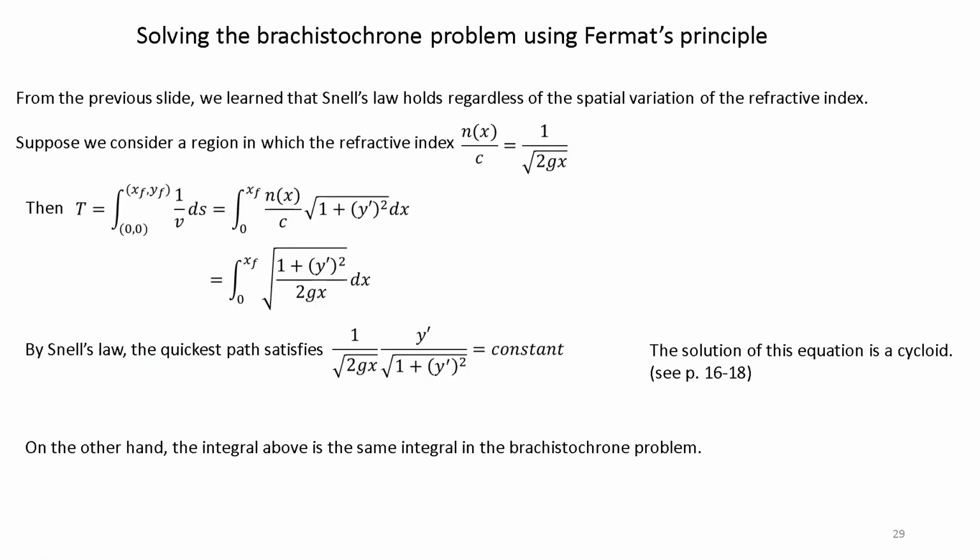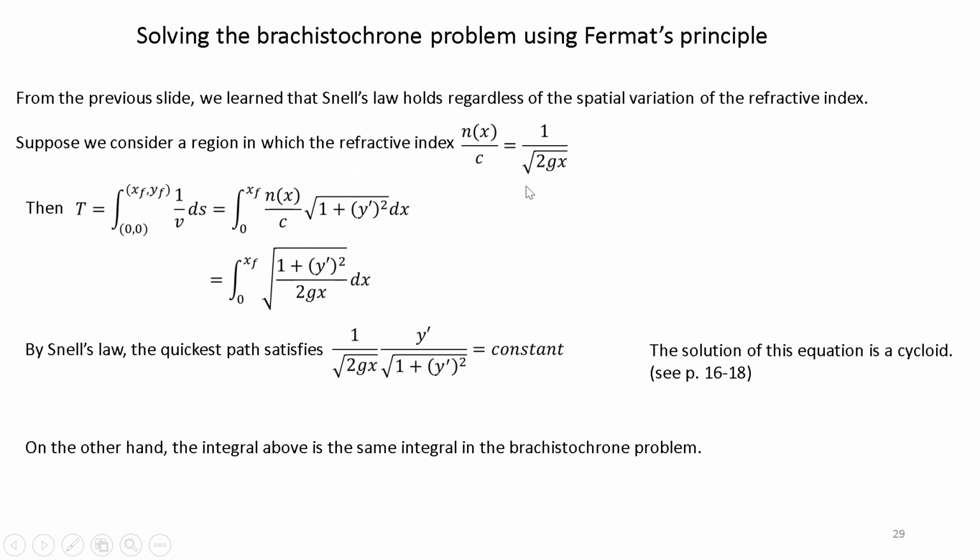Okay, so now how is it related to the Brachistochrone problem? Here I'm going to use a refractive index function that equals this one divided by the square root of 2gx.